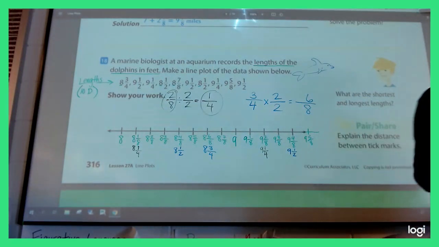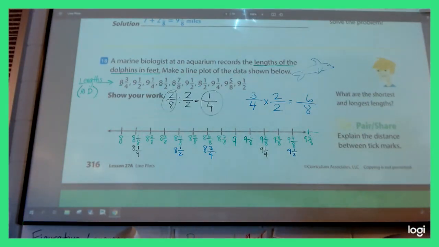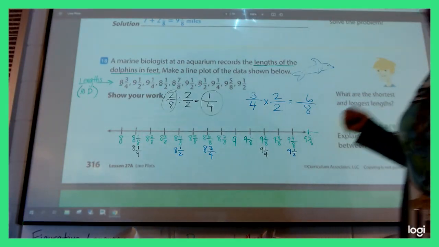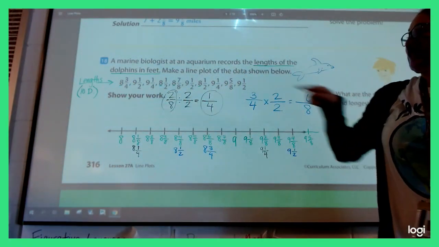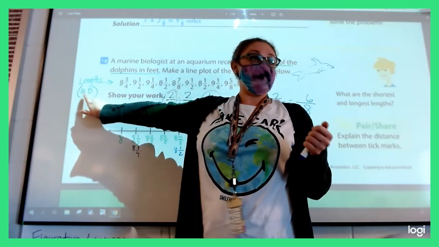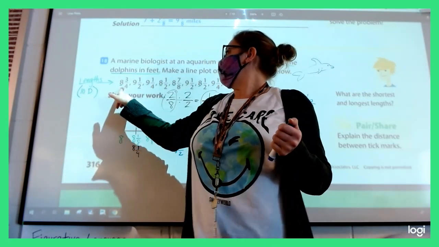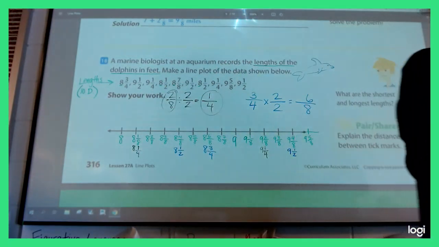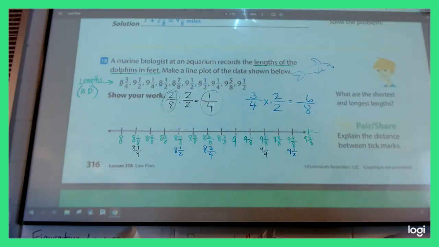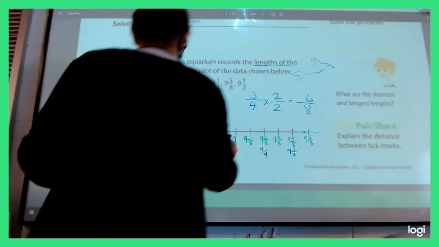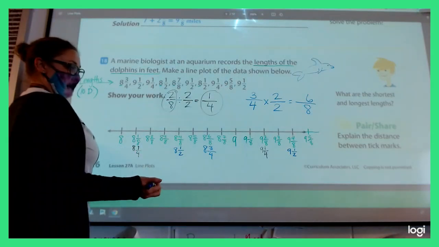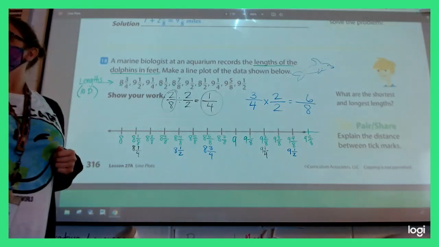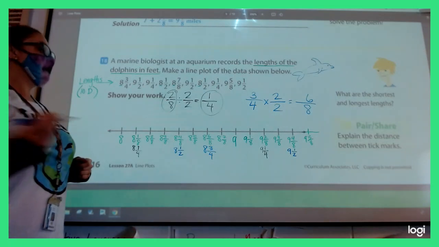So let's go ahead and put our X's on now. This is my favorite part, kind of fun. So first number, and as I go, I check them off so I don't do them twice. And remember, we should have 10 X's when we're done. That's a good way to check yourself. So we need to put 8 and 3/4 on our line plot, which now should be easy, right? We did all the hard work. We already found our 3/4, 1/2, and 1/4. So where is 8 and 3/4? Josiah? 8 and 6/8. Yeah, it's right here.